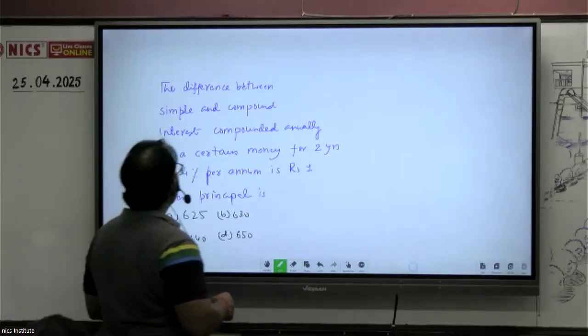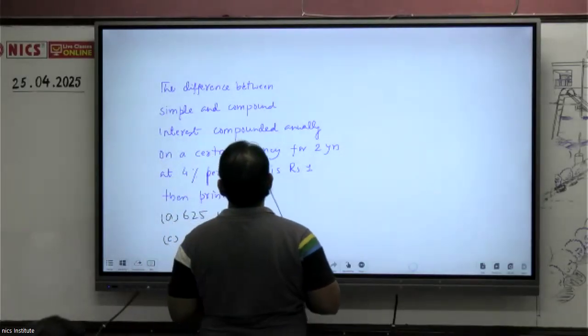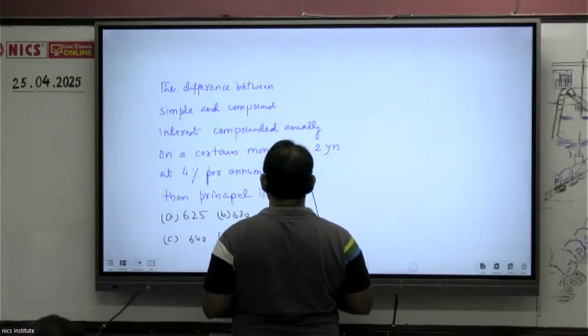Difference between simple and compound interest compounded annually on a certain money for 2 years is this much. What is the principal?